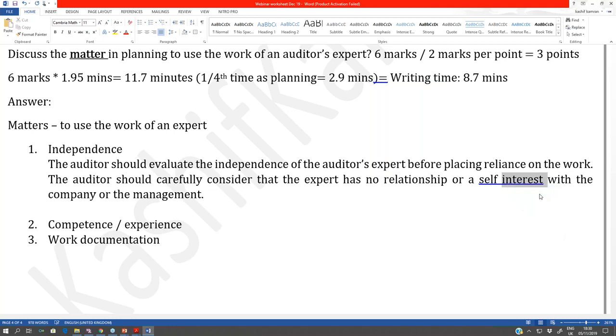So you need to consider that the expert you want to rely on has no familiarity threat with the company or the management, or has no self-interest threat with the company or management, and he is independent. Because if he is independent, then you can rely on his work. Second, competence.